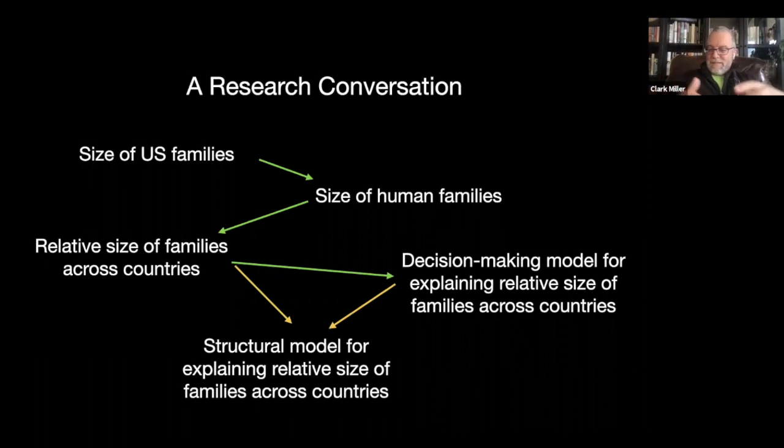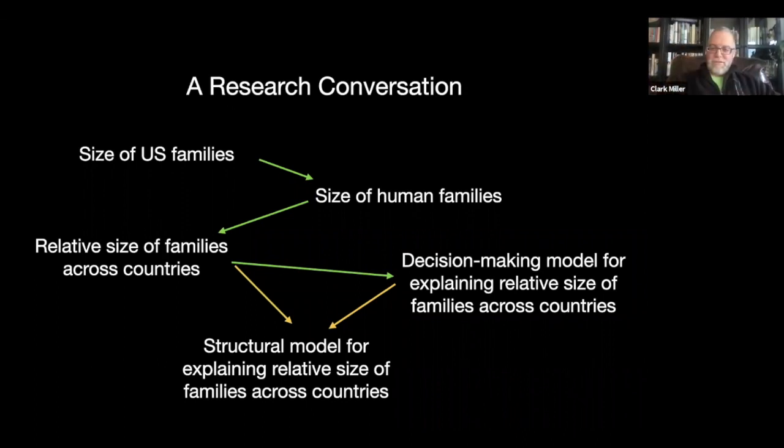And then somebody else says, well, wait a minute. Maybe it's not about families making decisions. Maybe it's about deeper structural factors in the society. It's about income or it's about health, right? So let's interrogate that question. Let's figure out whether there are deeper underlying factors that are influencing families and the decisions they're making.